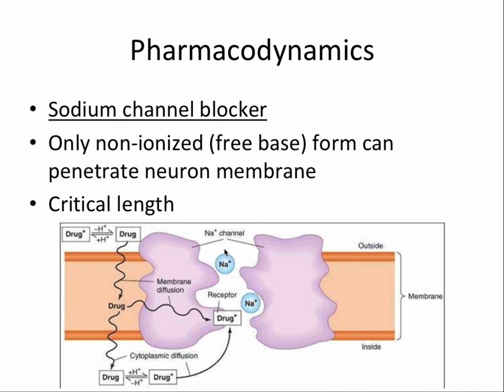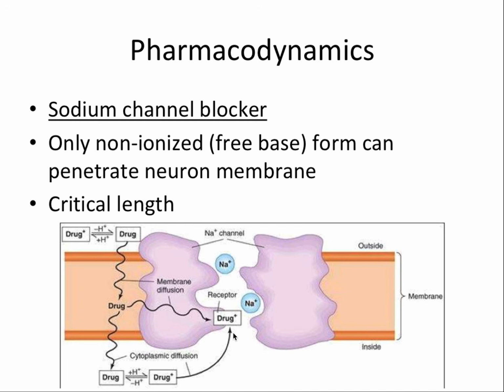So the easiest thing to do for a sodium channel blocker would just be to block this receptor from the outside. But unfortunately, it doesn't work that way, and it's not quite that easy. So these channels can only be blocked from the inside. So now, the drug has the job of penetrating this neuron membrane to reach the inside and then block it from within.